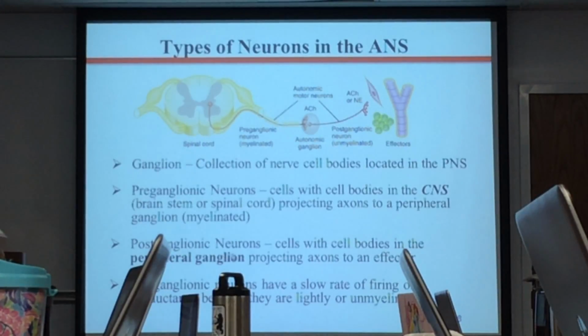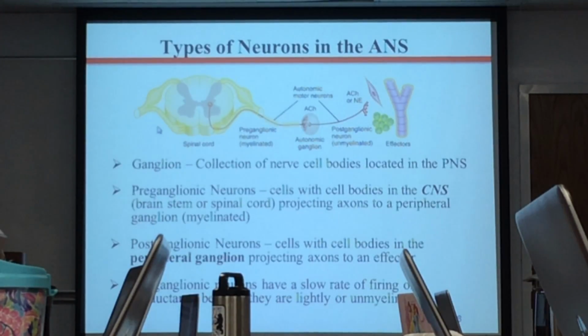The postganglionic neurons have a cell body in the peripheral ganglion and project axons to the effector, which are the peripheral organs.